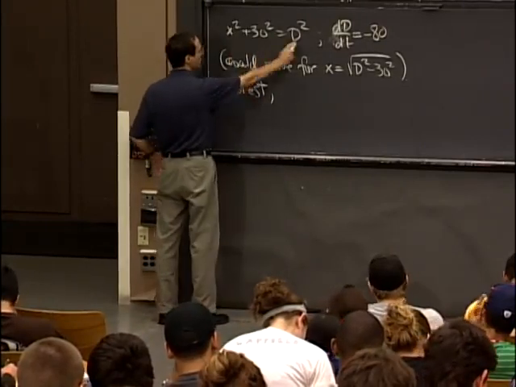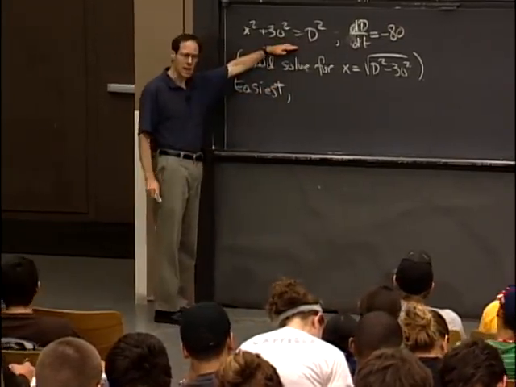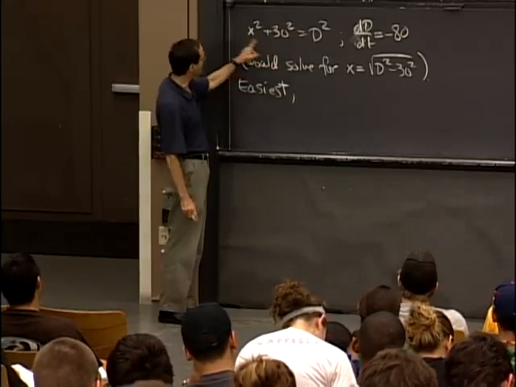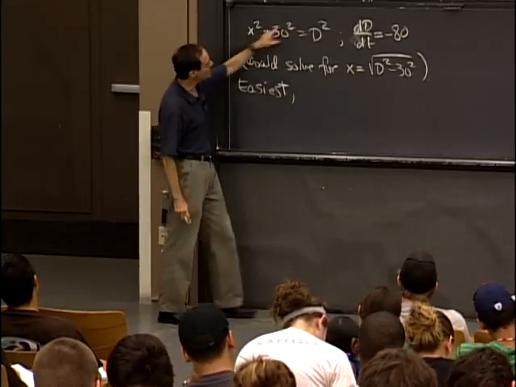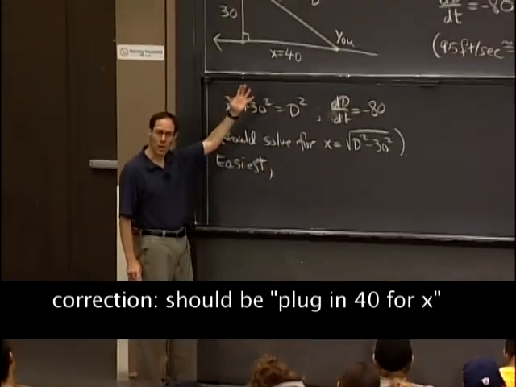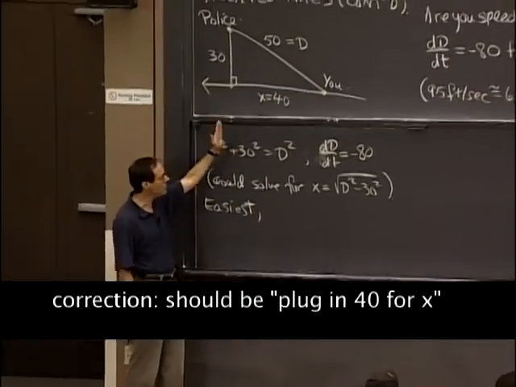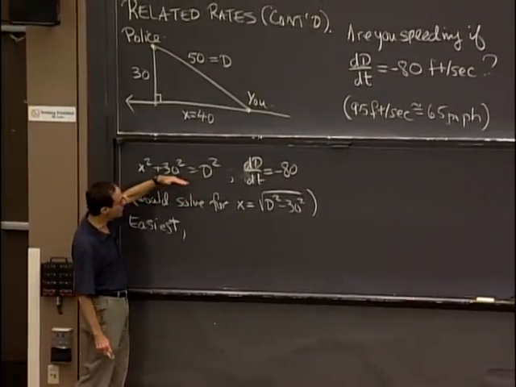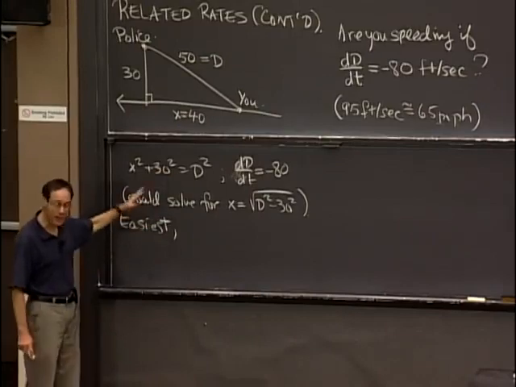Namely, we just differentiate this equation with respect to time. Now, when you do that, you have to remember that you are not allowed to plug in a constant, namely 40, for x. You have to keep in mind what's really going on in this problem, which is that x is changing, and d is also changing. So you have to differentiate first before you plug in the values.